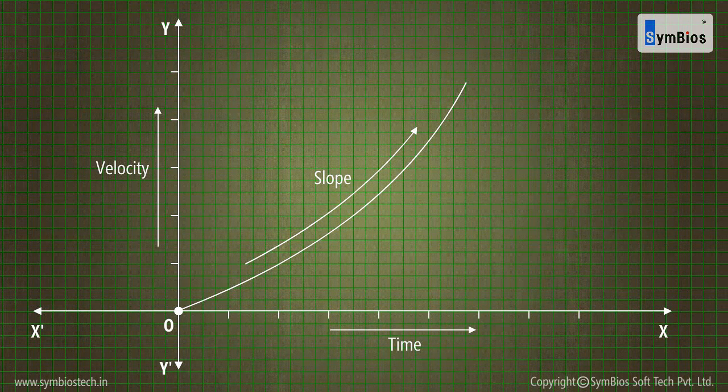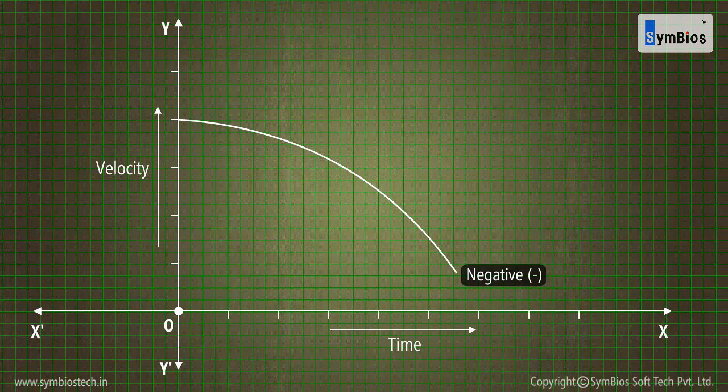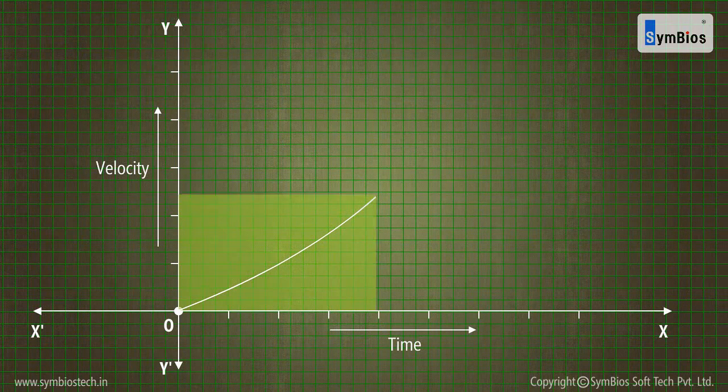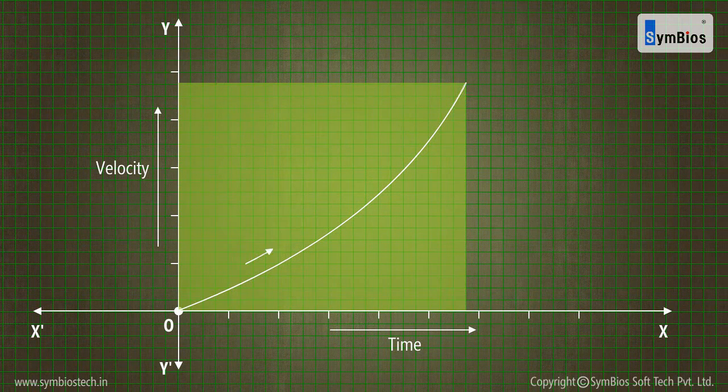The acceleration will be positive if the slope of the graph is positive and vice versa. The area enclosed under the velocity time curve gives the displacement of the body.